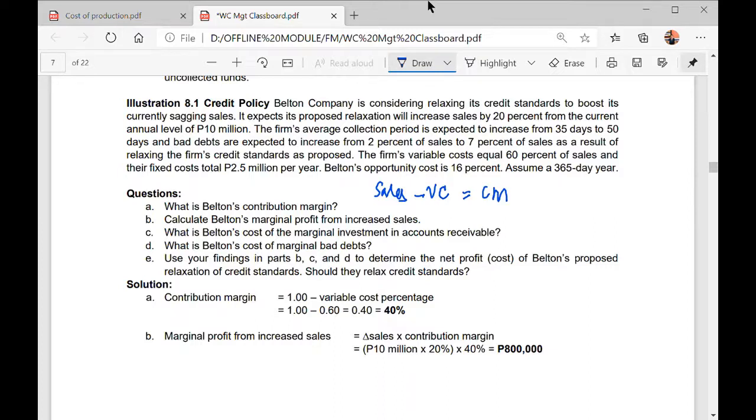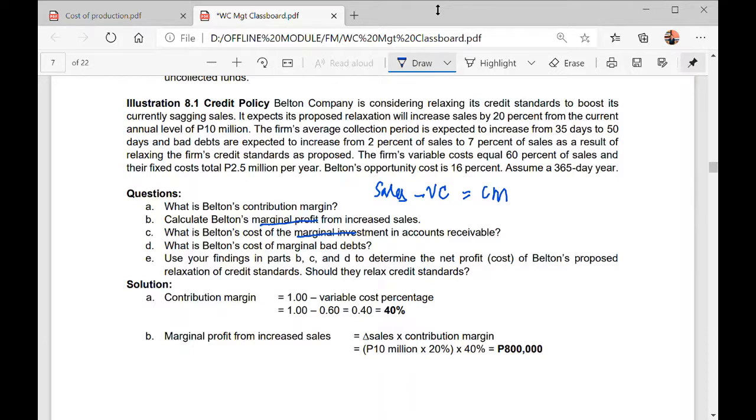Letter B is, what is the marginal profit from the increased sales? As we have already known, marginal means additional. So unsa may additional nga profit from the sales. And then we also have marginal investment, which means additional investment.